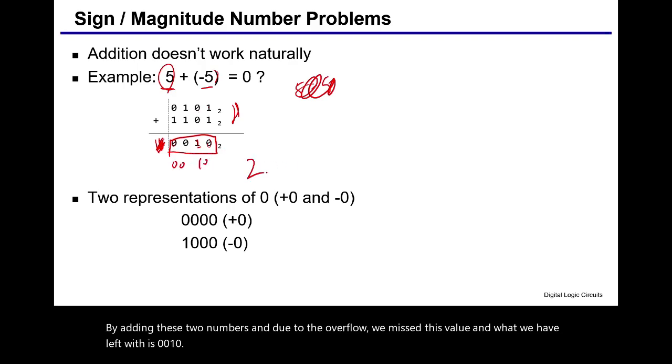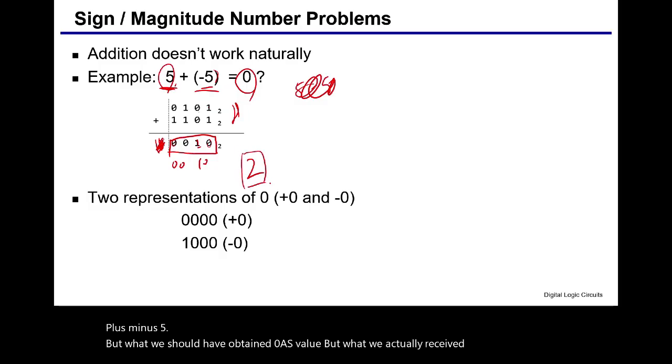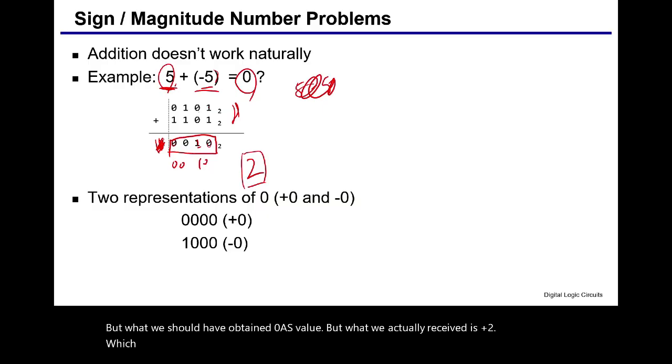This is just plus 2, right? We added 5 plus minus 5, and what we should have obtained is 0, but what we actually received is plus 2, which is clearly incorrect.